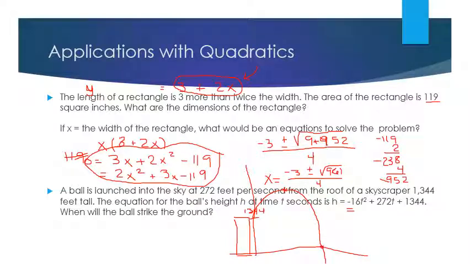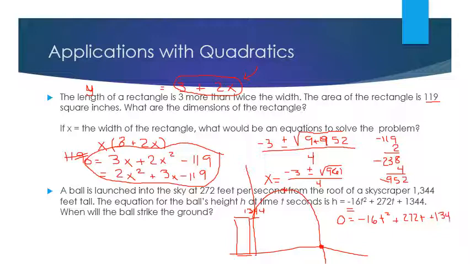So you need to ask yourself, well, what time is it when the height is 0? So basically you are going to replace height with 0 and solve for this equation. Minus 16t squared plus 272t plus 1344.